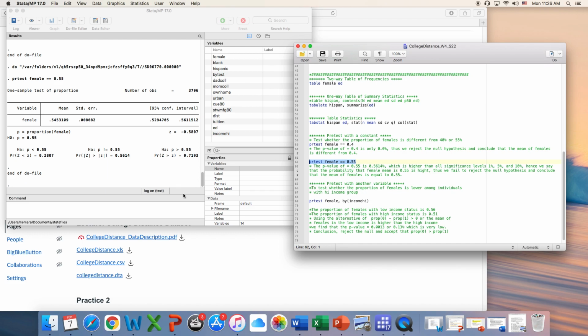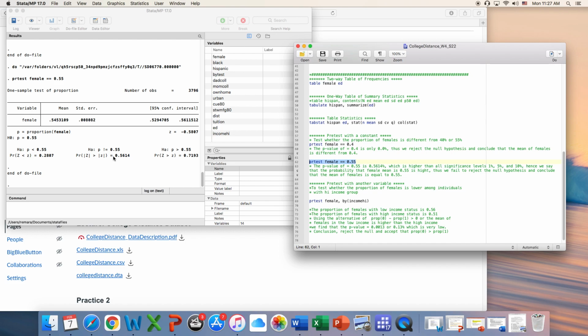So you check the p-value. The null hypothesis is 0.55, and the p-value of the test is 0.56. So there is a 0.56 probability, in other words, a 56% probability, that it is equal to 0.55, right?